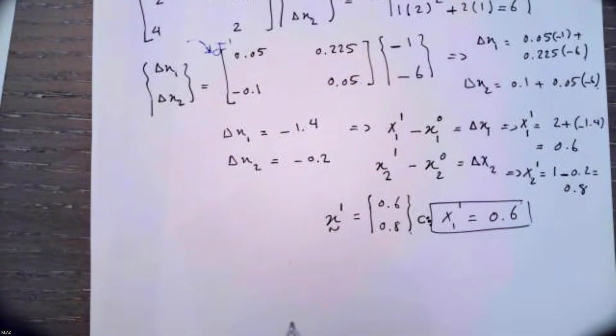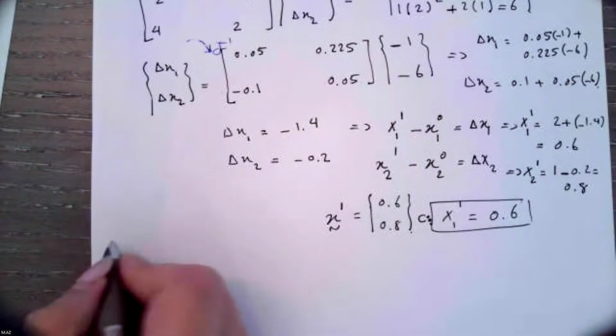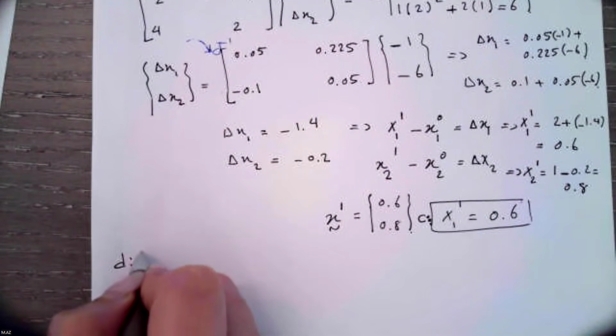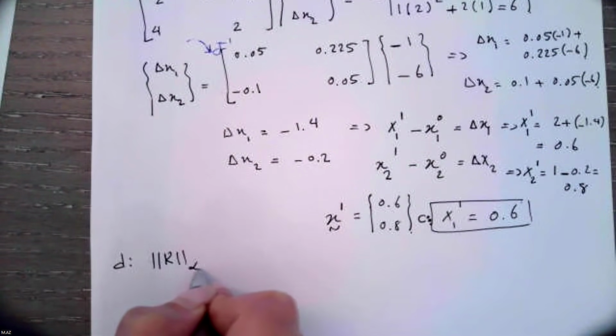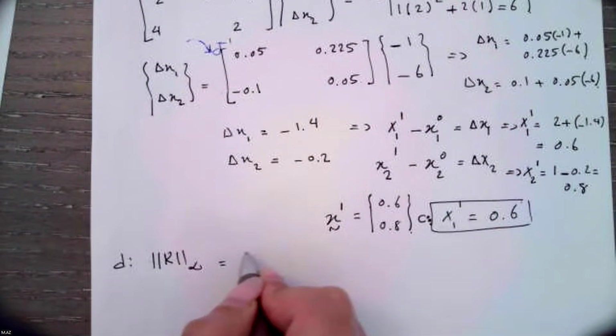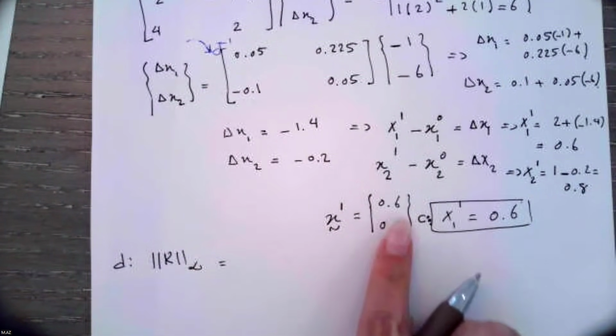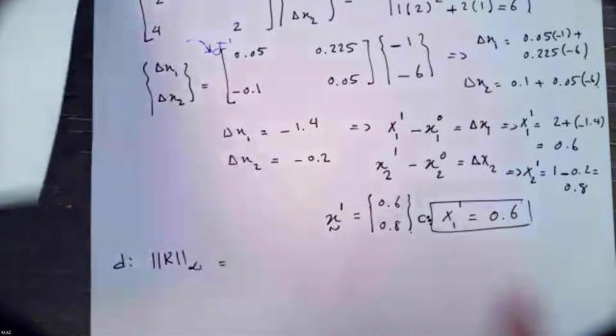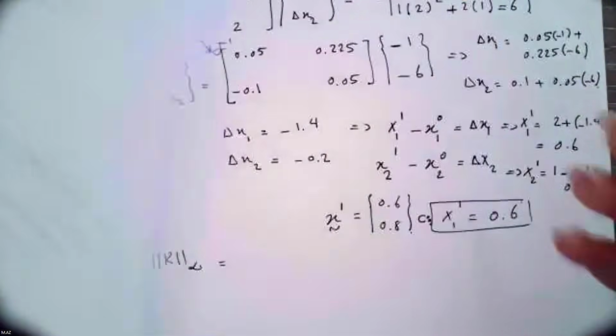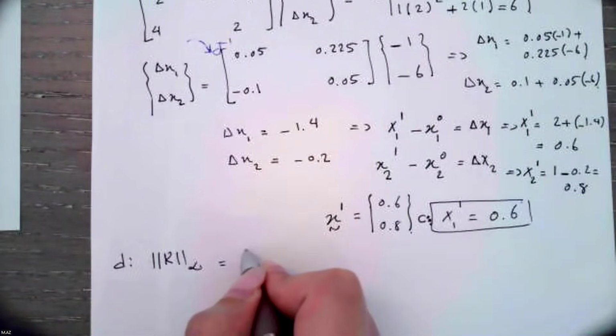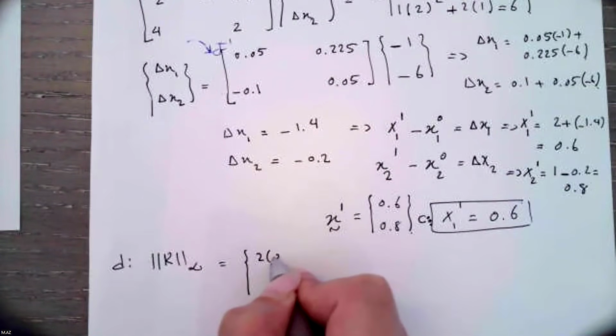For part D, after carrying out one step of Newton-Raphson iteration, we should find the infinity norm of the residuals. For finding the infinity norm of the residuals, for the first iteration, we are plugging these values into the equations, and then we pick the maximum value.